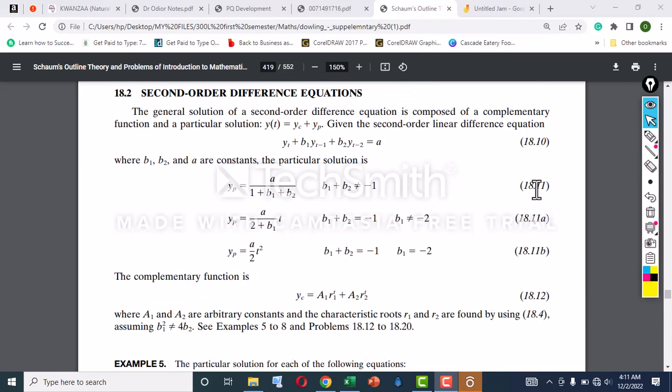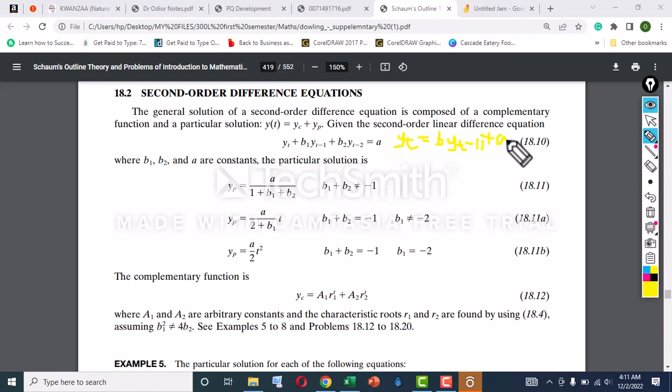So here is the second order difference equation. Now remember, in first order difference equation, we are given yt, and the form of a difference equation is always yt equals b yt minus 1 plus a.